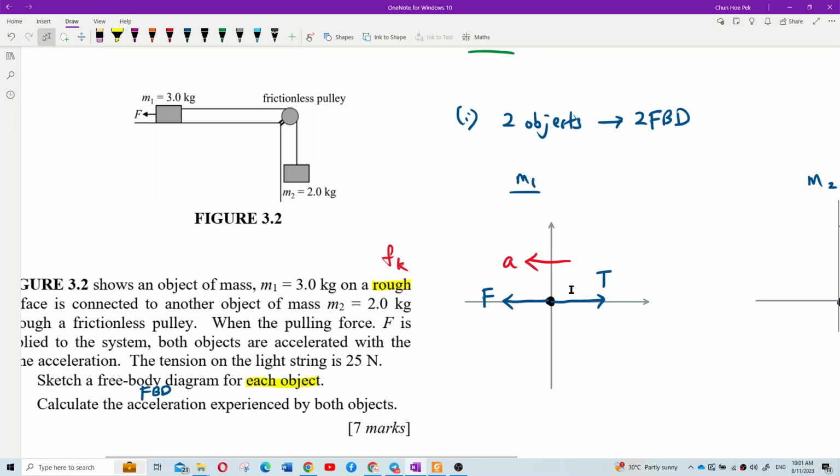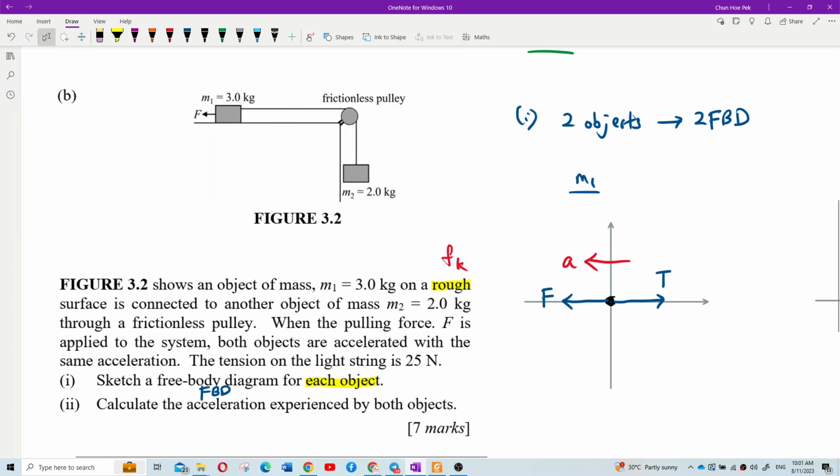The tension is 25 Newton. It didn't say how big the pulling force is, but just put acceleration to the left.